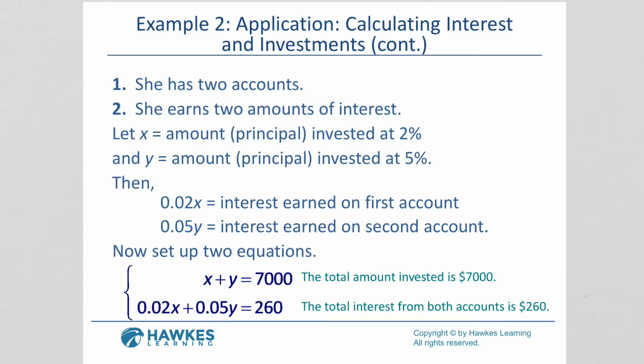Then 0.02x is equal to the interest earned on the first account, and 0.05y is equal to the interest earned on the second account. When we set up our two equations, we're going to have x plus y equals 7,000. The total amount invested is $7,000. And 0.02x plus 0.05y equals 260. The total interest from both accounts is $260.